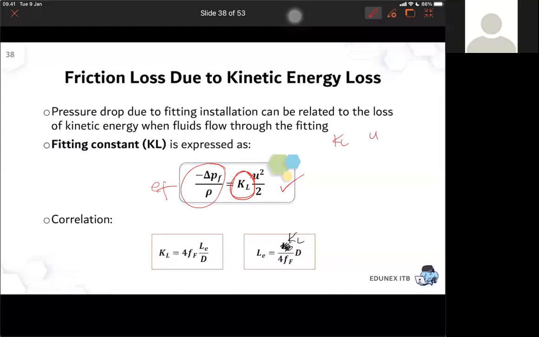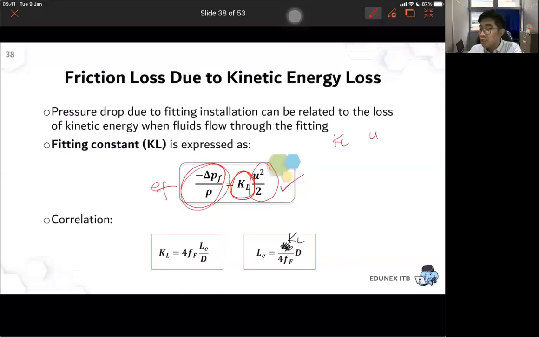Sir, I have a question. It says friction loss due to kinetic energy, right, sir? Is that a constant amount of kinetic energy being lost, sir? It means the ratio between the EF and the kinetic energy is always constant. That's the definition. This is the kinetic energy, right? This is the EF.